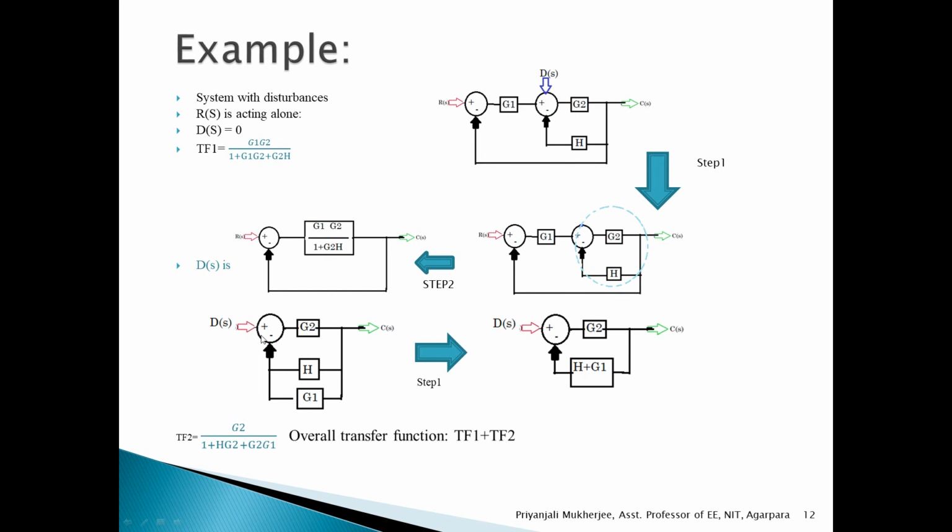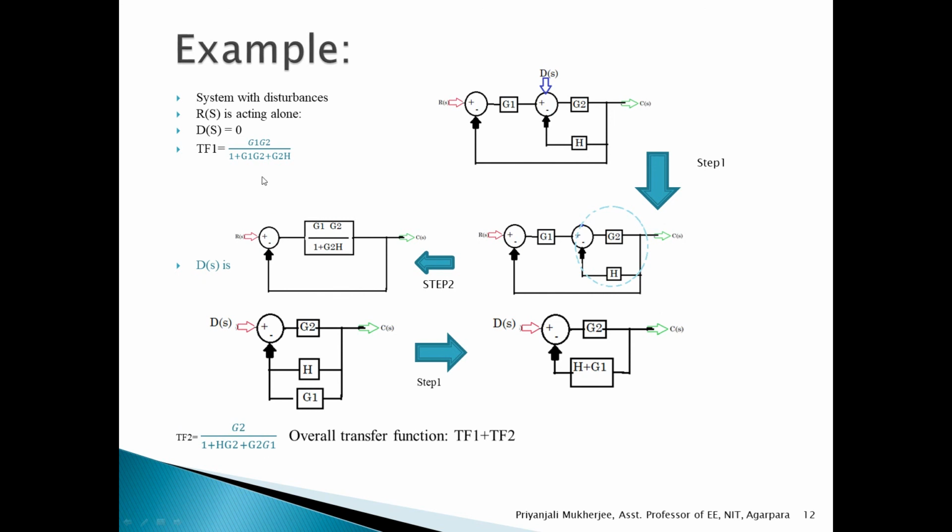So it will actually be the minus sign with the G1 transfer function. And then these two are parallel blocks. So eliminating these two by a single block, it becomes H plus G1. Now we have to eliminate this negative feedback, that will be G2 divided by 1 plus G2 into H plus G1. And this one is the transfer function when Ds is acting alone and Rs is 0.